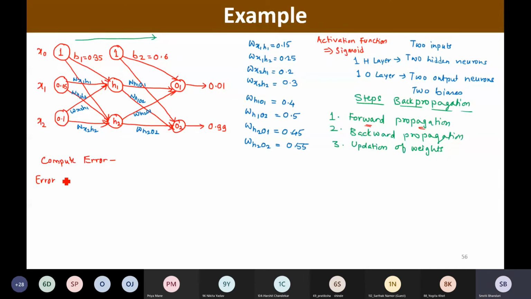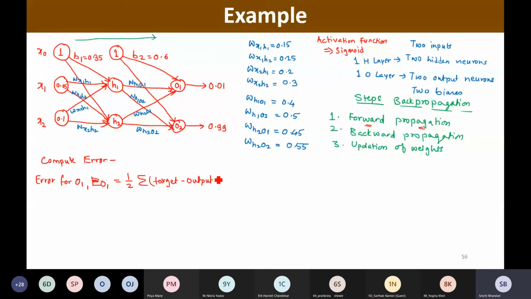So error for O1 here. Let us assume that this error is denoted as error at O1, EO1. That is equal to half summation target minus observed output whole square.